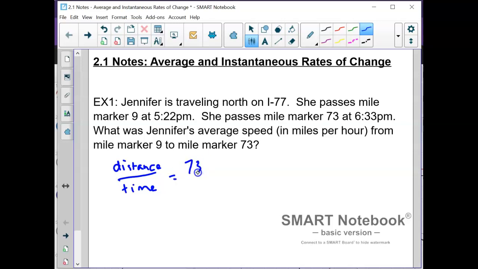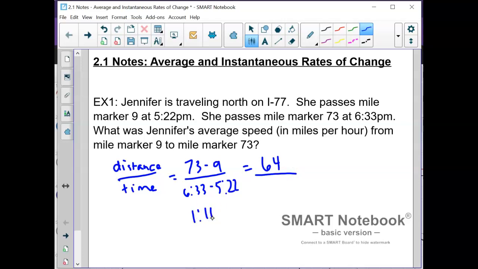So if we do 73 minus 9, we are going to get 64 miles. We also need to know the amount of time that she took here. So we've got 6:33, we're subtracting 5:22. That is going to give us 1 hour and 11 minutes.